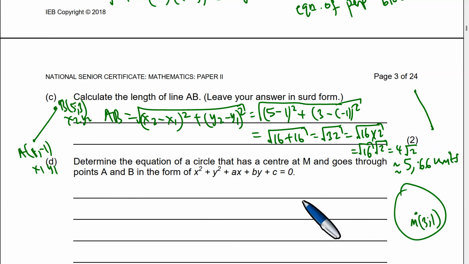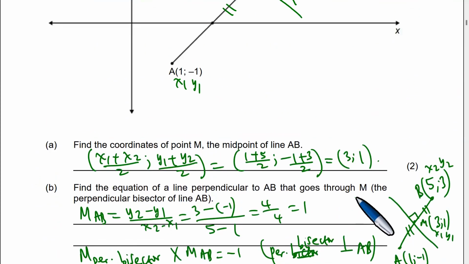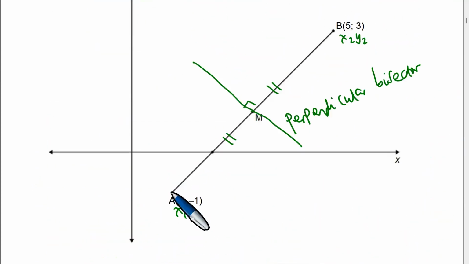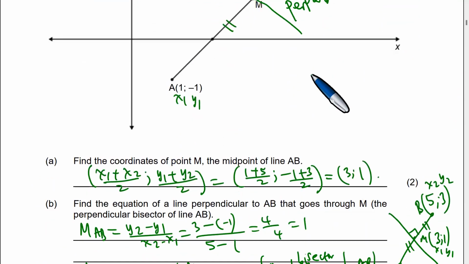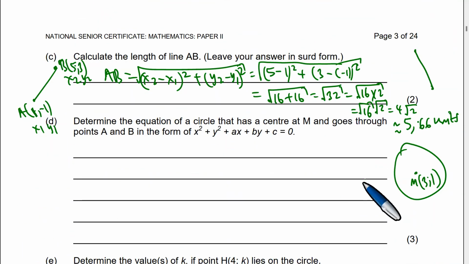It passes through the points A and B. So in other words, you have that like so. So this is like A and this is like B.